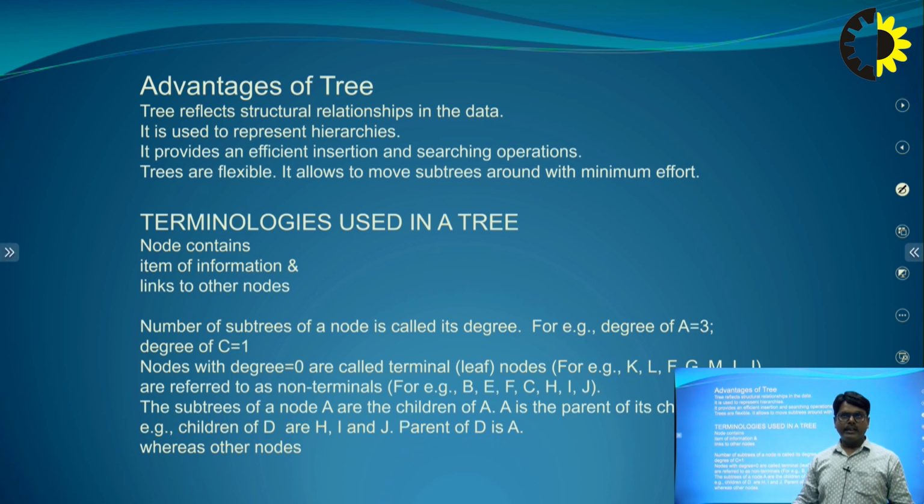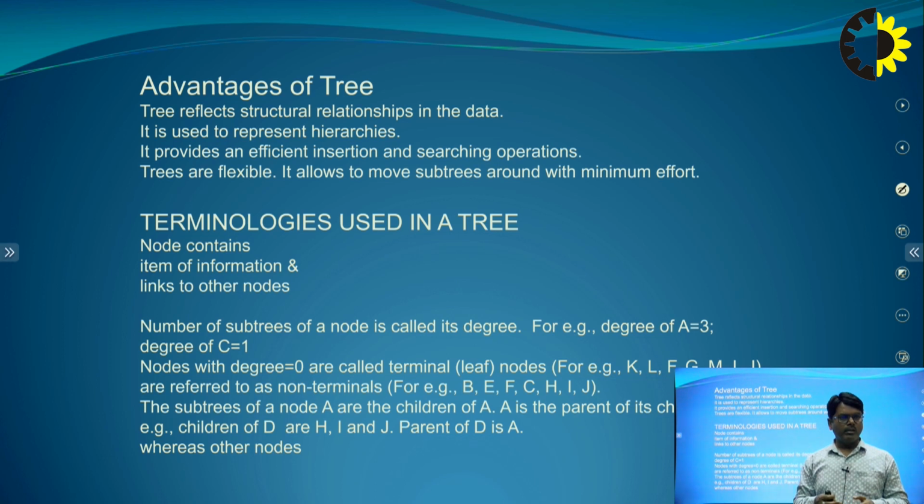Because as data gets accumulated in a database, we need to find out how many data are present over there. In order to find any particular data, we have to apply a searching operation there, and if new data comes, in order to maintain that data, we have to either append that data at the last, or insert that data in between of the database.